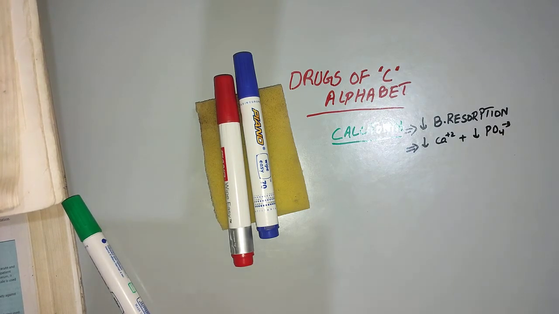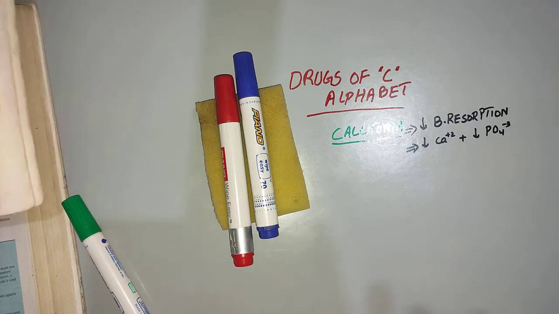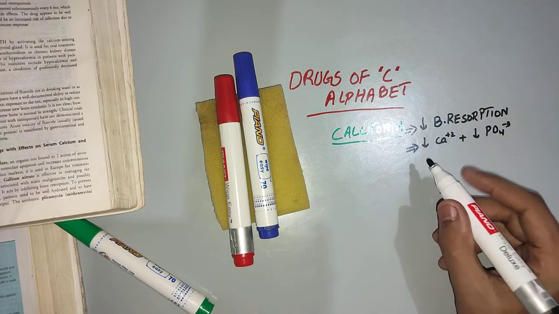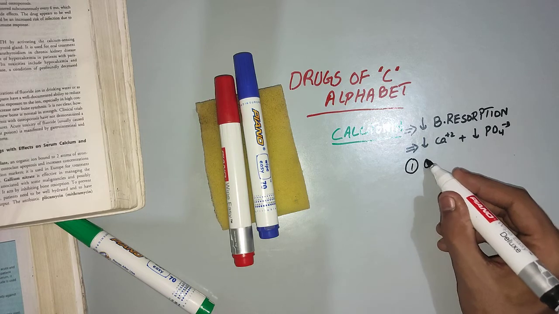What are the clinical uses of calcitonin? Calcitonin is used as nasal spray or subcutaneous injection, and it is primarily used in osteoporosis.